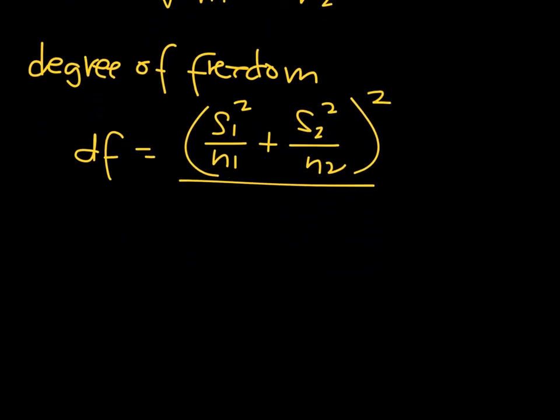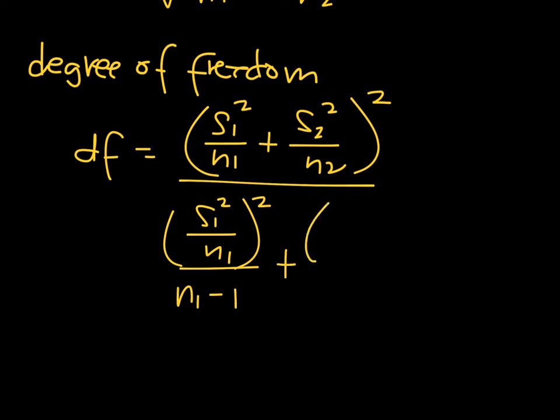This is over another set of fractions: variance 1 over n1, squared, over n1 minus 1, added to variance 2 over n2, squared, over n2 minus 1.